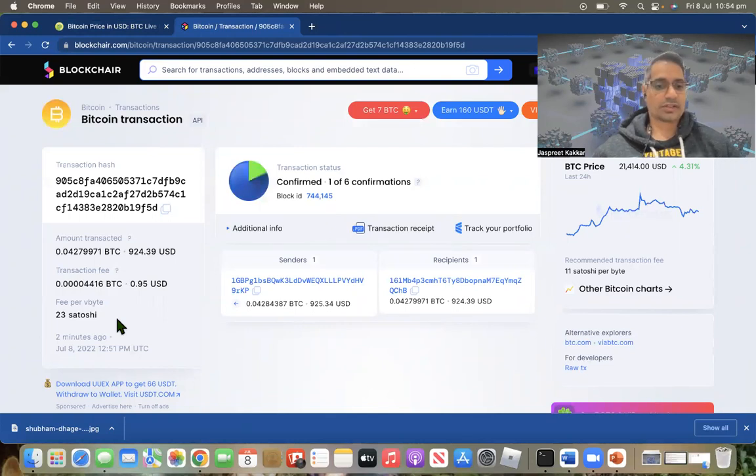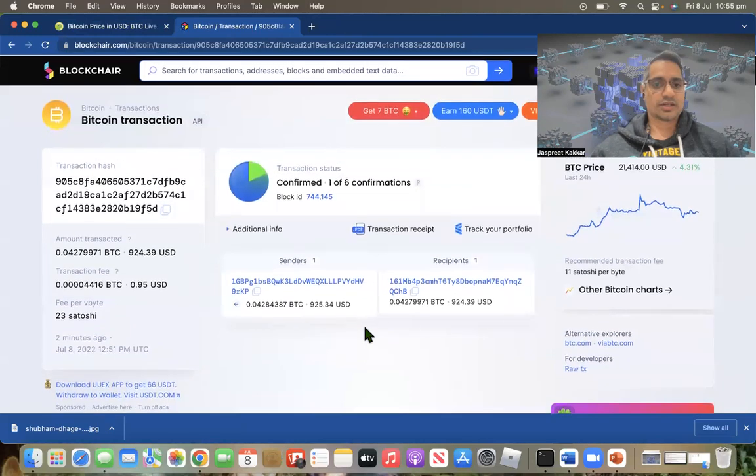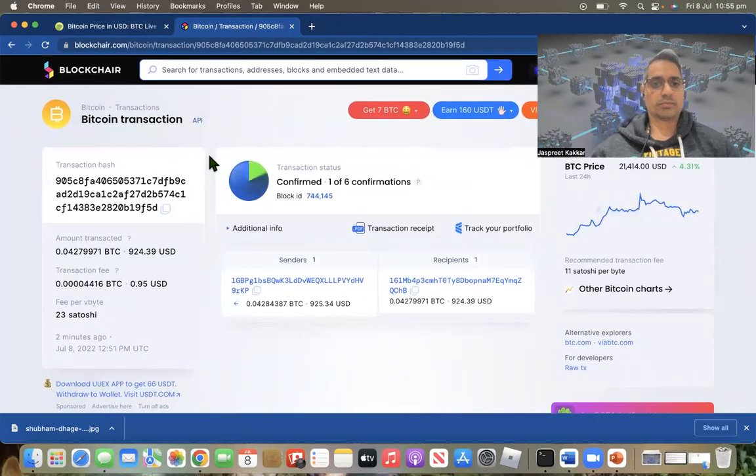So for this transaction, 23 sats per byte was paid out. Whatever the number of total bytes is gets multiplied by 23, and then the total transaction fee is calculated and charged. This may sound a little weird to you, but you will get used to it when you transact in Bitcoin. So that is quickly about the block explorer.